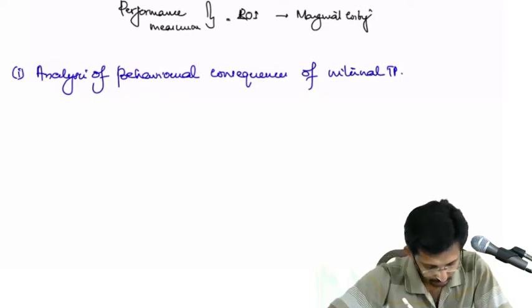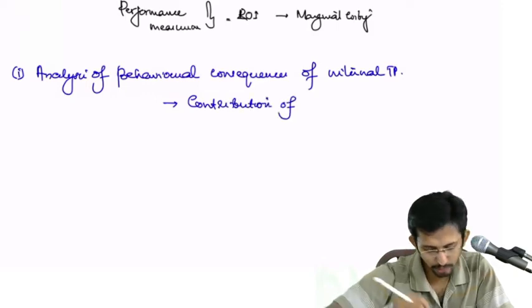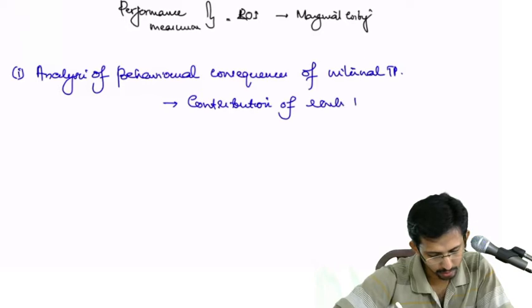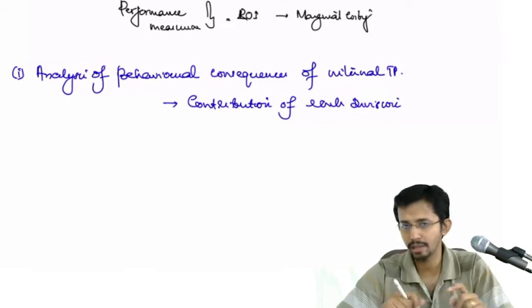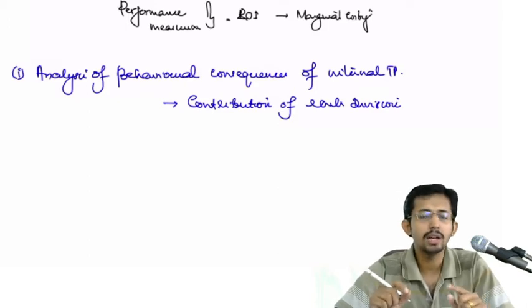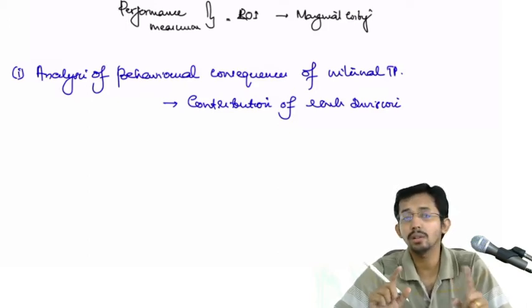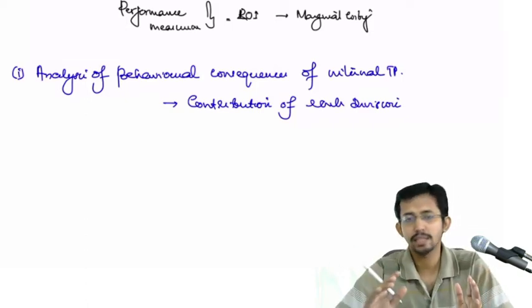One is the contribution of each division. You have to compute and explain how this internal transfer will affect the total contribution of each division, both the buying division as well as the selling division.